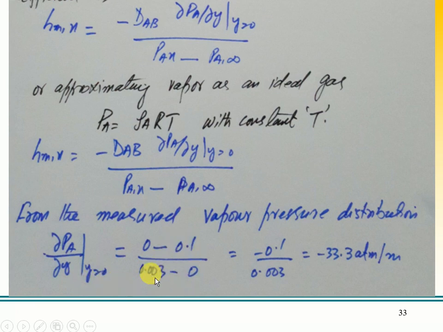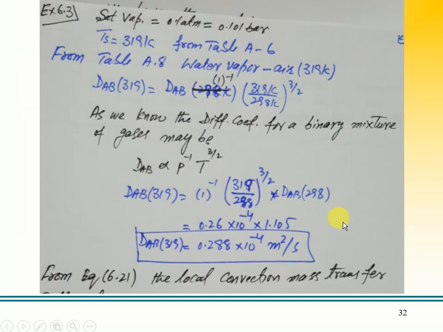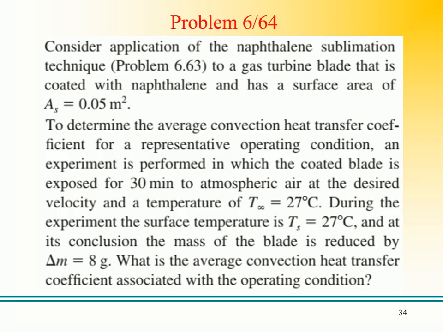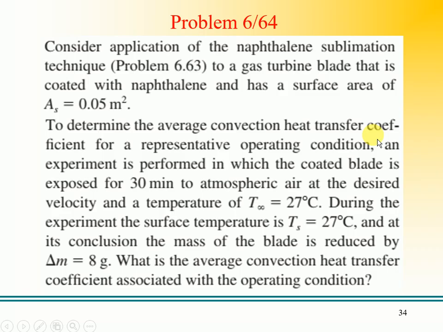Y is basically from 0.003 to 0, because this is saturated where the graph goes in the downward direction. So that is minus 0.1 over 0.003, which is minus 33.3 atmosphere per meter, the change in pressure per meter of length. If we know this value, we can put it here, and since all these values are given, we can find the convective mass transfer coefficient.